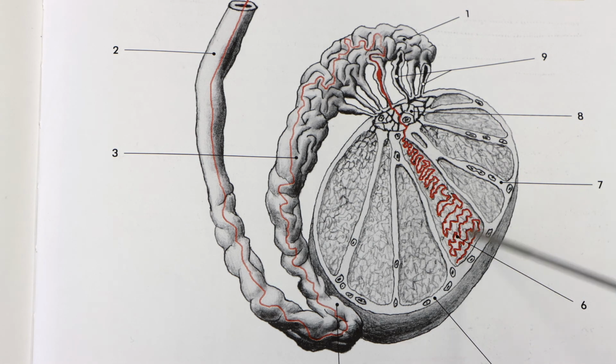This whole procedure, the production and also the maturation of the sperm, takes approximately 74 to 76 days, and it has two phases. One phase is the production of the sperm by mitotic division and mitotic activity, which is called spermatocytogenesis.